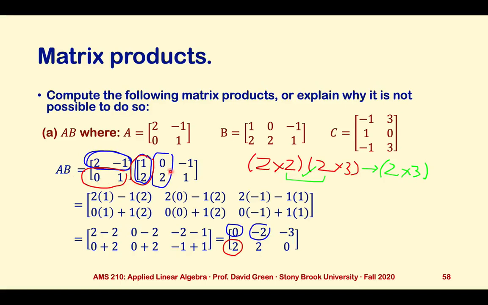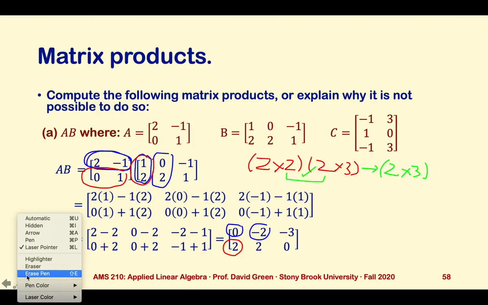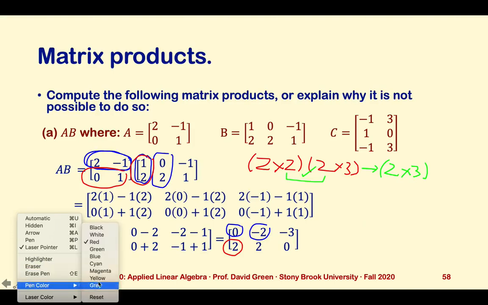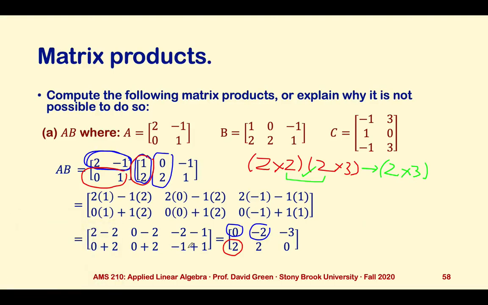And 0 times negative 1 plus 1 times 1 is 0 plus 1, which is, of course, 1.